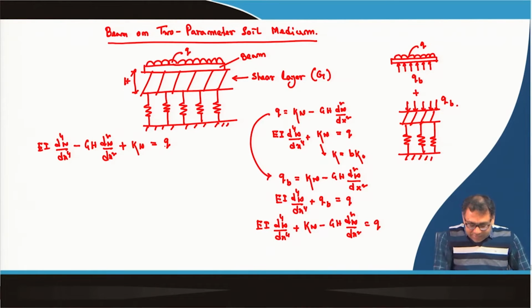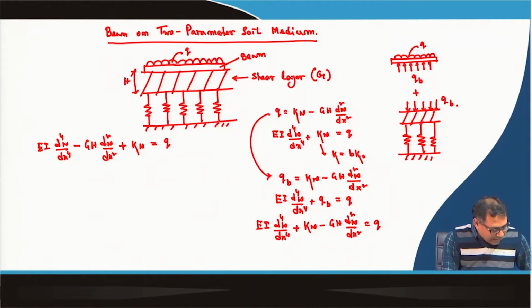But in this equation, as I mentioned, K is equal to b into K 0. Depending upon the beam condition, whether it is a finite width beam or the infinite beam, your b value will change.